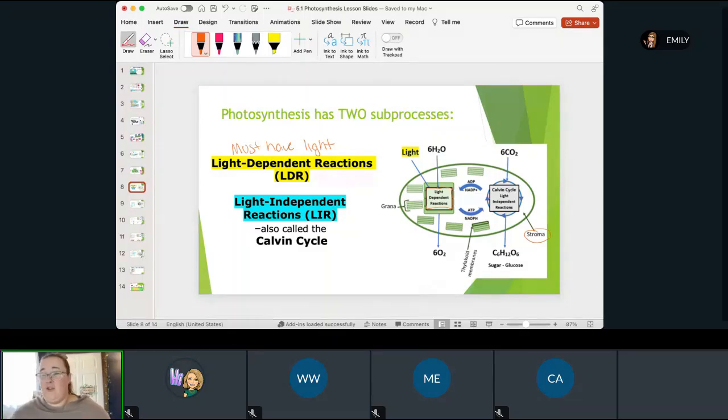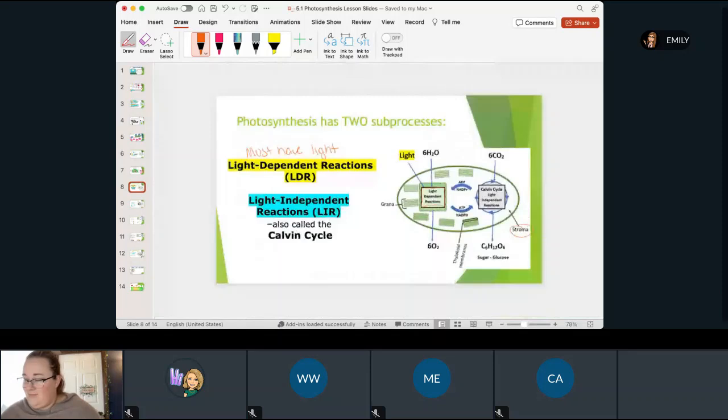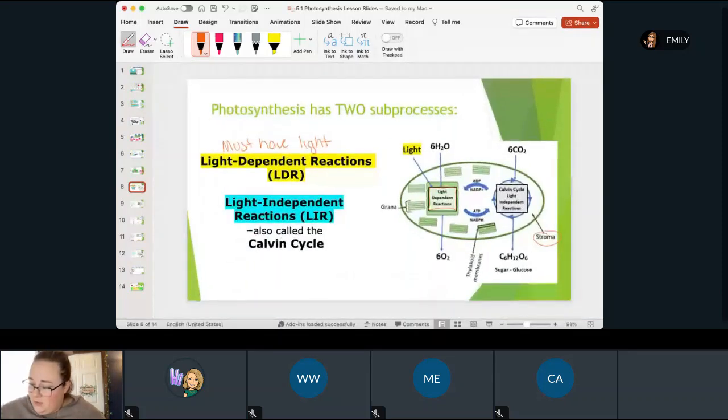Good. No light is needed. So no light needed.